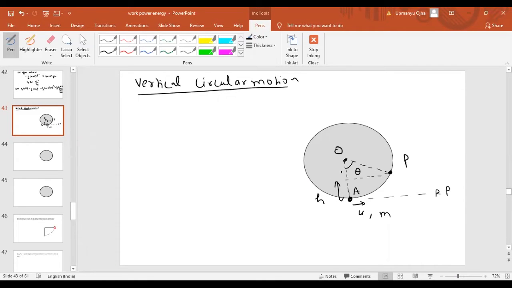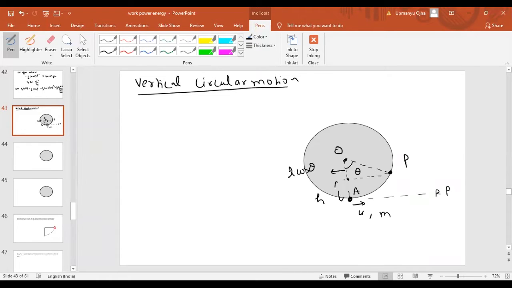Can we find the value of this length OB? This height is h, and this length will be equal to L cos theta.